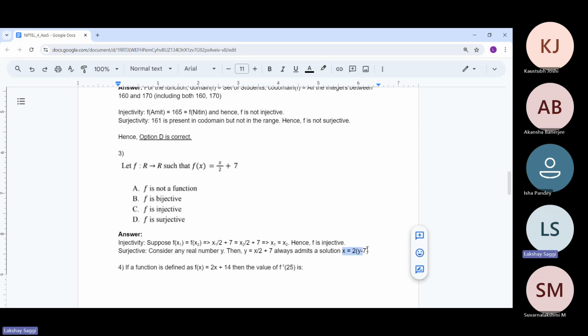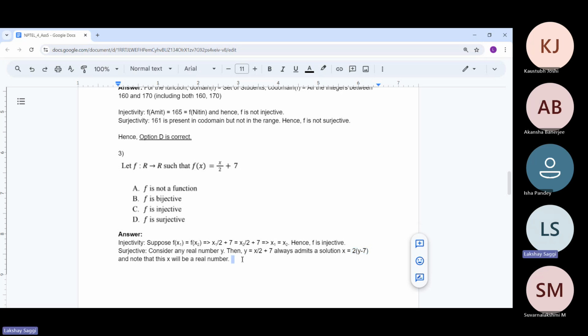If we put X equal to 2 times Y minus 7, then this equation will be satisfied. And note that this X will be a real number. Since Y was real, Y minus 7 will also be real, and so 2 times Y minus 7 will also be real, right?